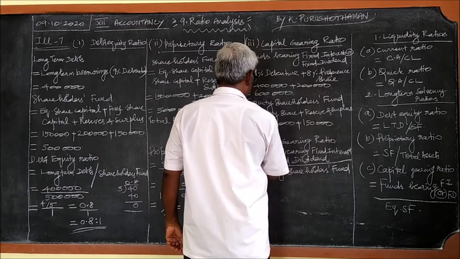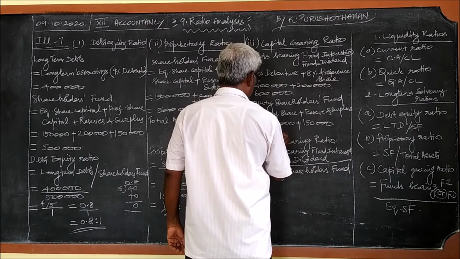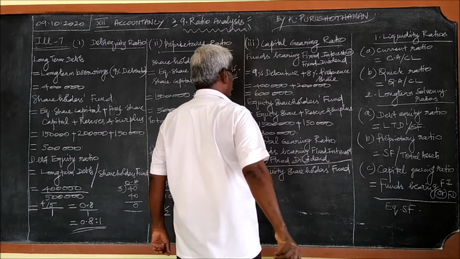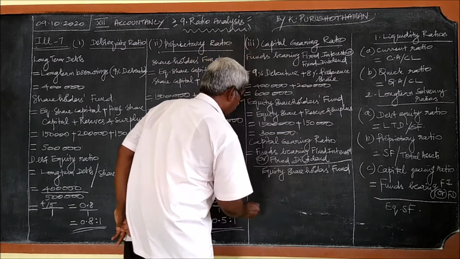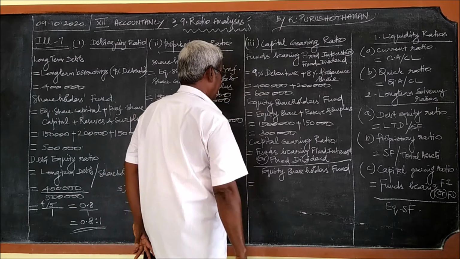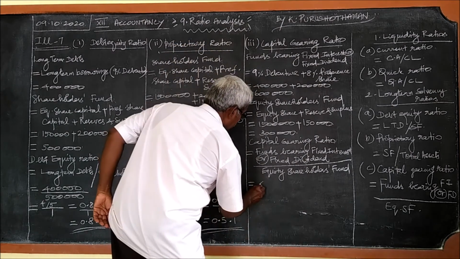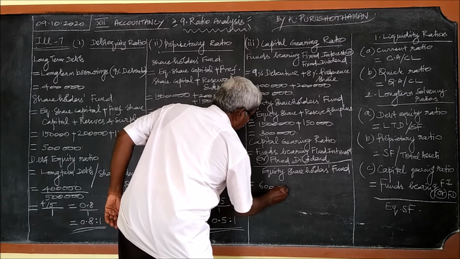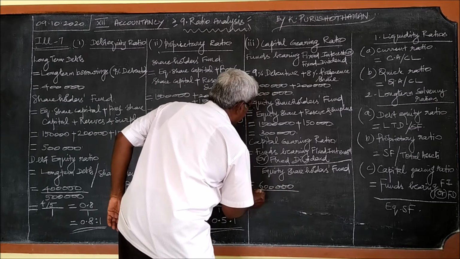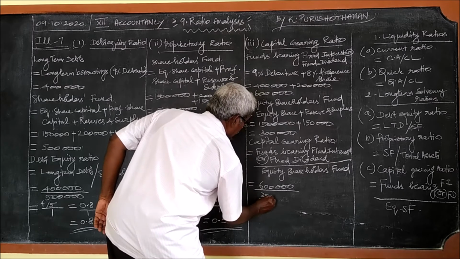So totally it is 3 lakhs. So we can substitute the values here. Numerator value 6 lakhs, denominator value 3 lakhs.